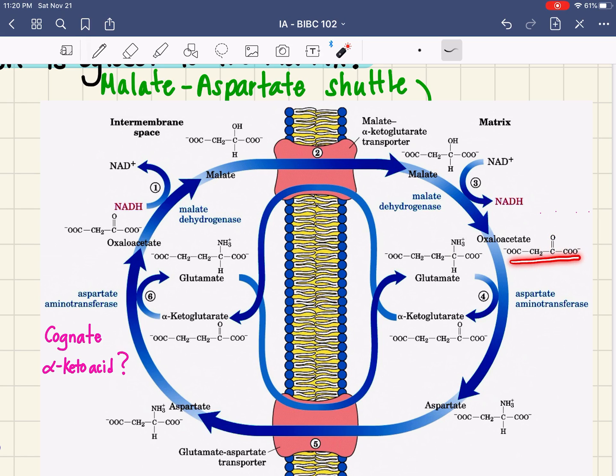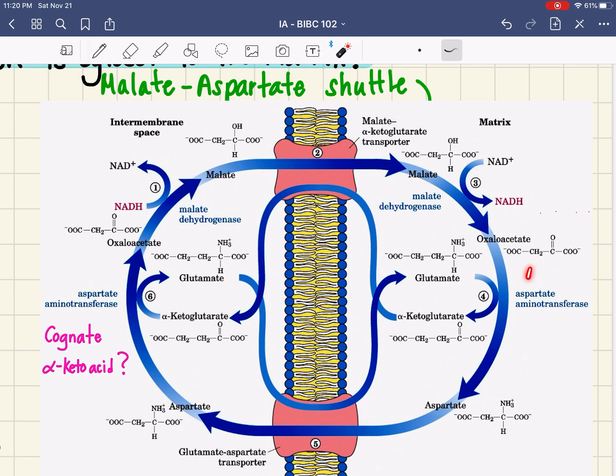Then oxaloacetate goes through an aminotransferase reaction, or transamination reaction, and turns into the amino acid aspartate. Okay? And how does this work? We take an NH2 molecule and we do a Schiff base reaction onto this carbonyl, turning it into something like this, which is the amino acid aspartate.